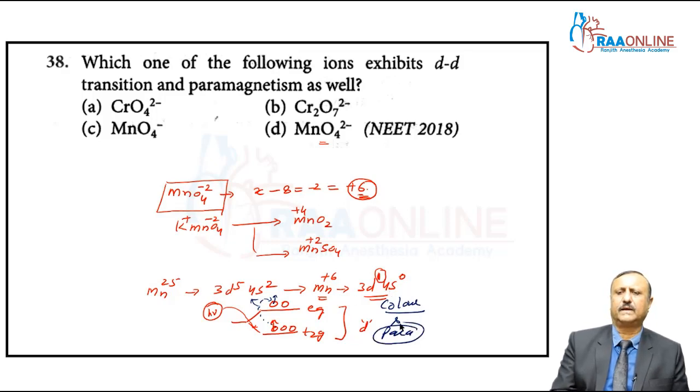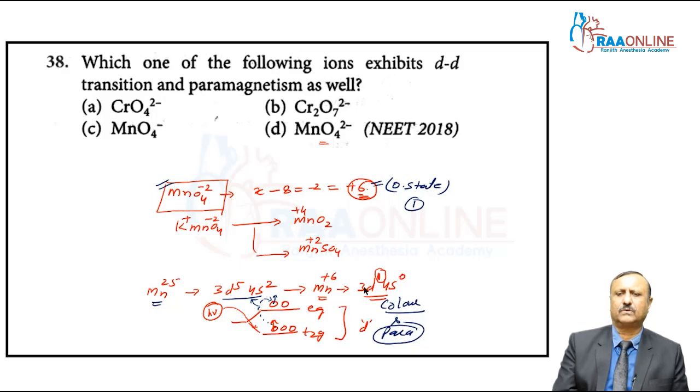So we can determine the color and paramagnetism of the ions given in our options. First of all, find the oxidation state, and after that see the electronic configuration of the metal and how many electrons are removed from the valence shell.